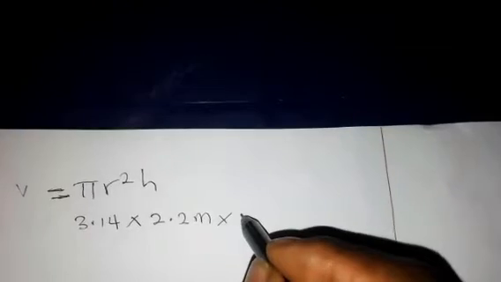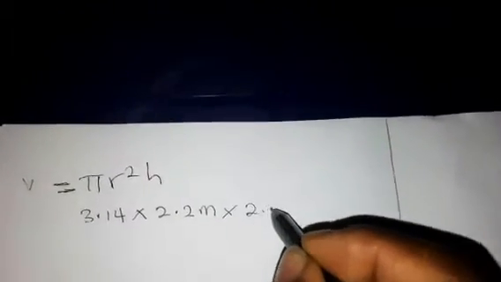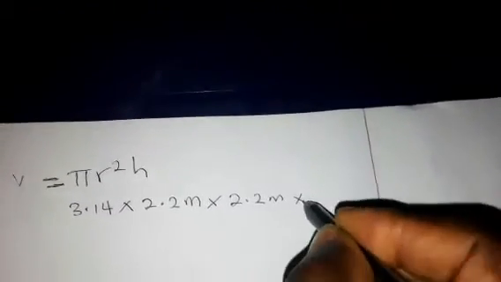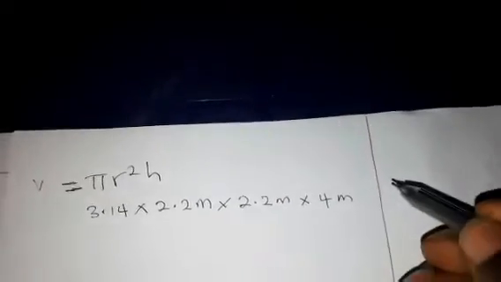Times the radius, 2.2 meters, squared, so 2.2 meters times 2.2 meters times the height, which is 4 meters.